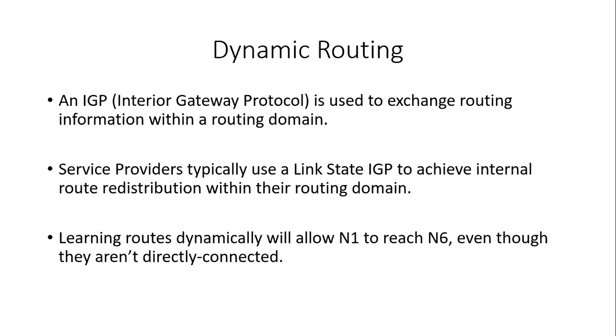So at the end of our last video, even after we had established our physical connections and bound our physical ports to our logical router interfaces, the routers still could only ping their directly connected interface. They couldn't even ping an interface on the same router that wasn't directly connected to it. So our dynamic routing is going to solve that.